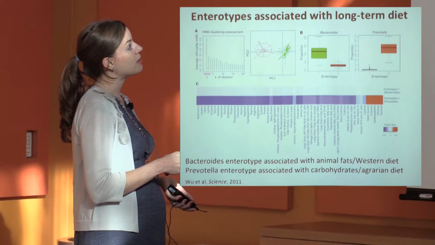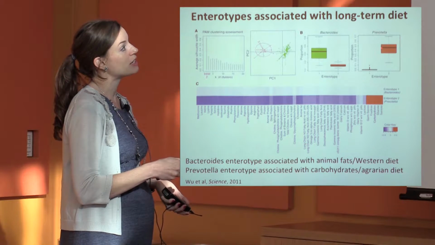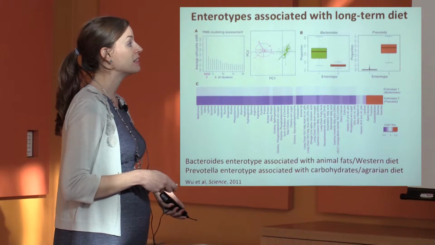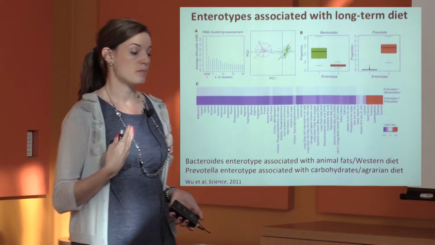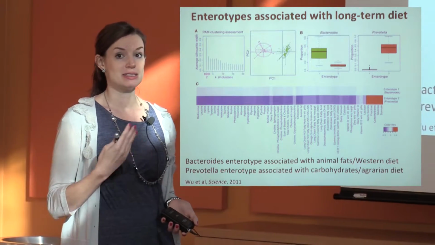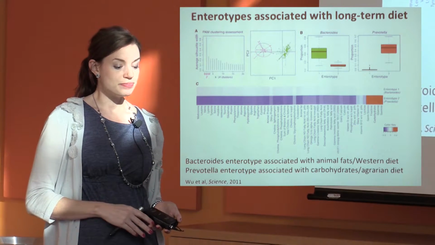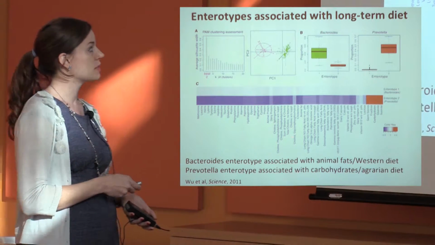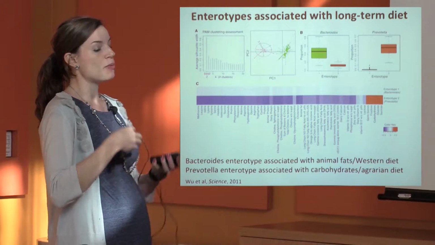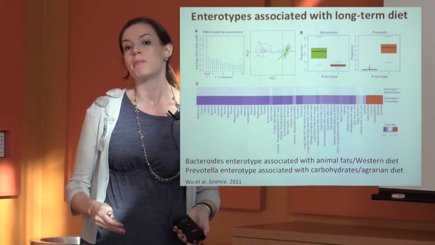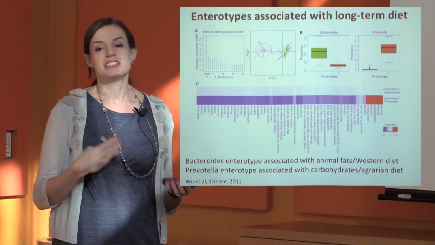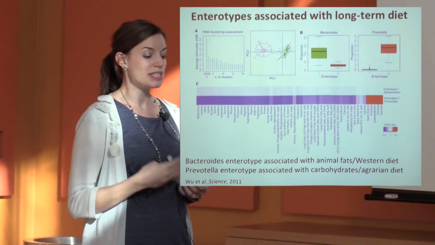And this other enterotype was rich in Prevotella bacteria and was associated with a more agrarian diet consisting of carbohydrates. And in the same paper, they also were able to shift people's microbiome by putting them on different diets.